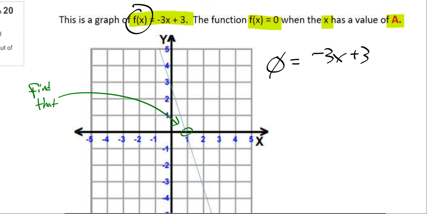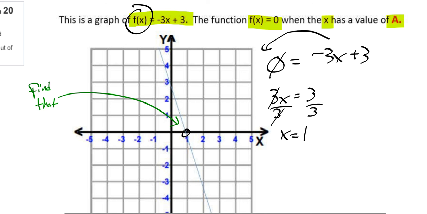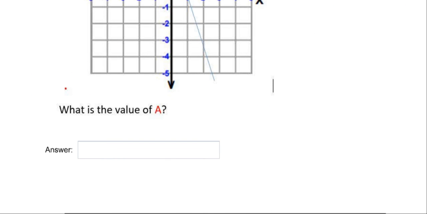I'm going to move the x term over, because the negative becomes a positive. 3x equals 3. I'm going to divide both sides by 3 to isolate x. So 3 over 3 is 1, which looks like 1. So I would type in 1.